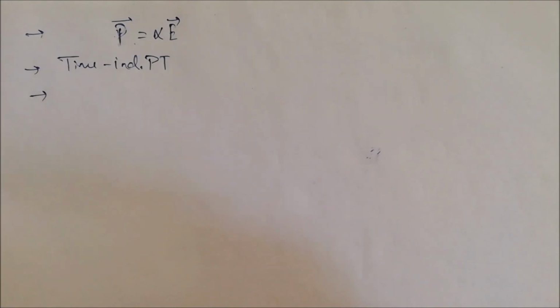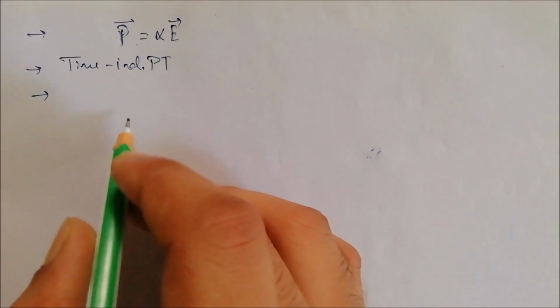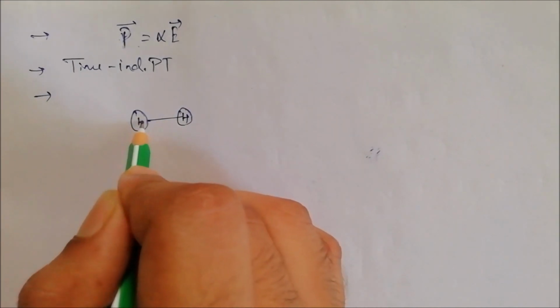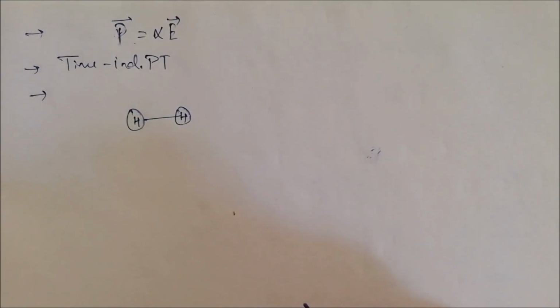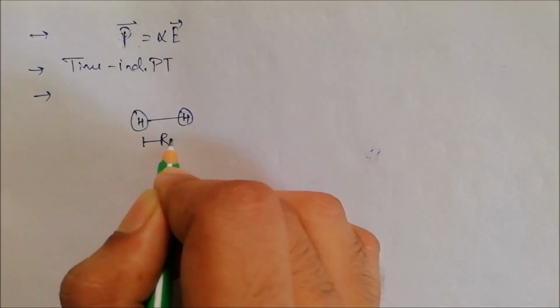So suppose you take a very simple system like the hydrogen molecule, and the distance between the two hydrogens is given by r.